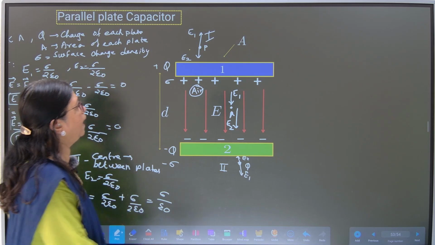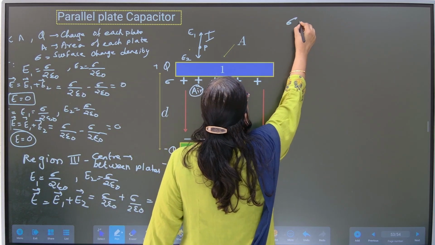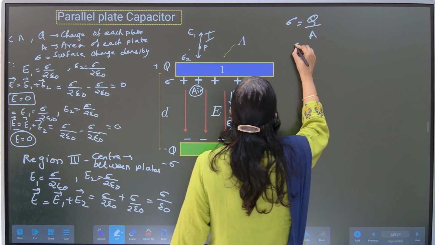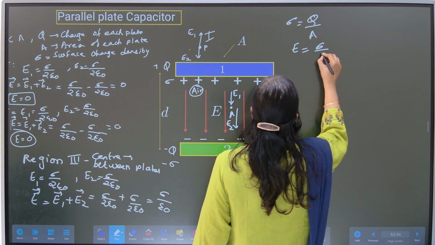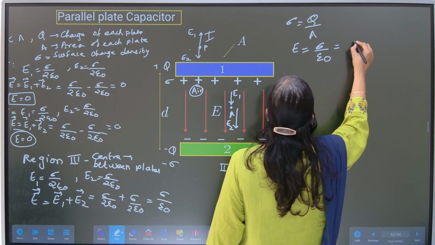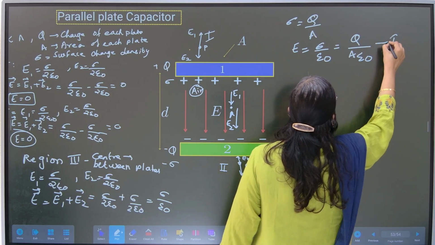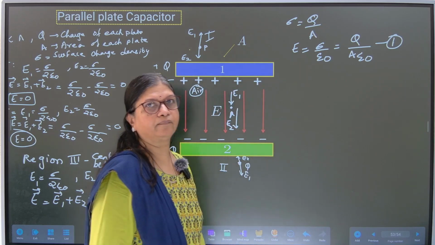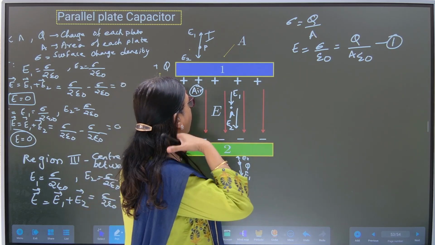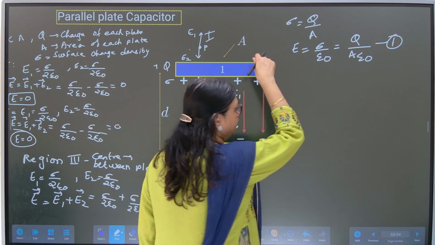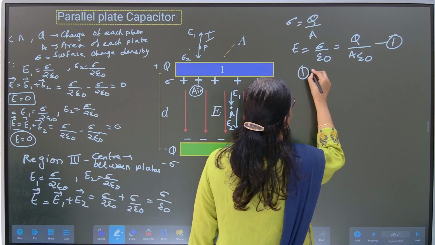Now sigma is the surface charge density, Q upon A. Substituting it in E is equal to sigma upon epsilon naught, we get Q upon A epsilon naught. Let us name this equation 1. Its direction is from plate 1 to plate 2.